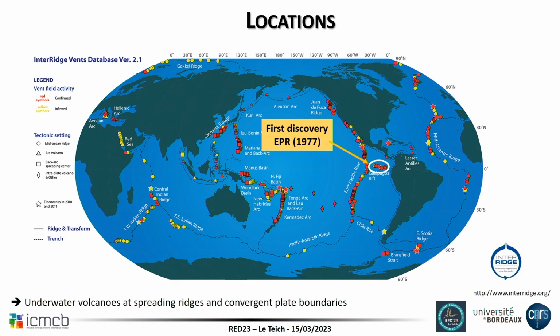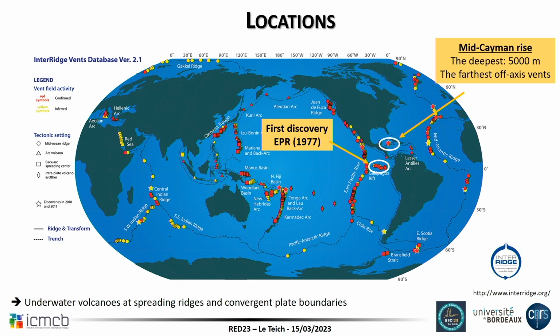So, first discovery here, and for some of you who were here last year, Anaïs made a presentation, and they went with Isabelle Daniel also for a cruise to sample the deepest deep sea vent known so far in the Mid-Caribbean. That's also an interesting point, because those structures are typically at depths between 1,500 meters and 5,000 meters.